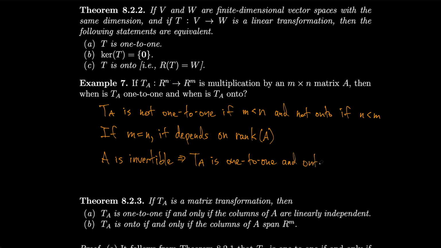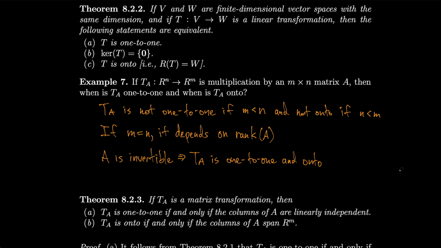This isn't too surprising, since if A is invertible, then you have a transformation that can go backwards from Rm to Rn, given by A inverse multiplied by some vector X. So you kind of have an inverse transformation over here, so it makes sense that the matrix being invertible would be enough to be able to say that the transformation is 1 to 1 and onto.